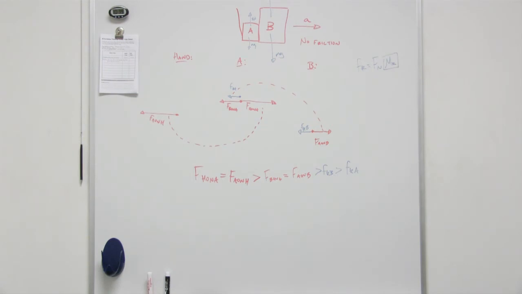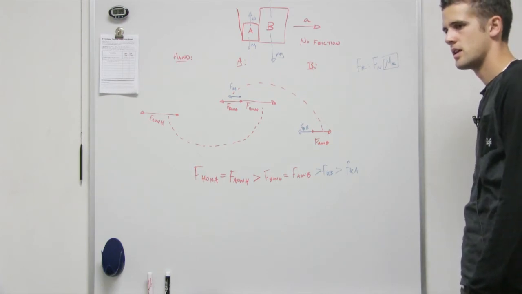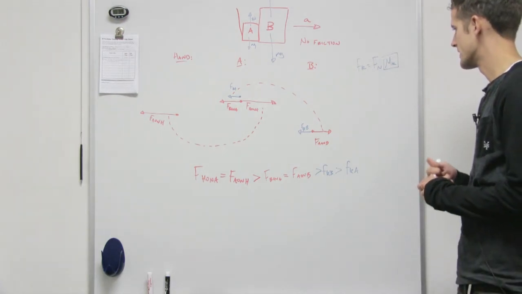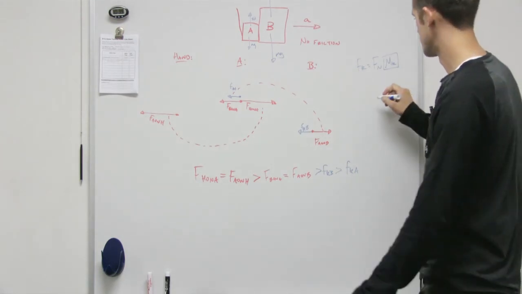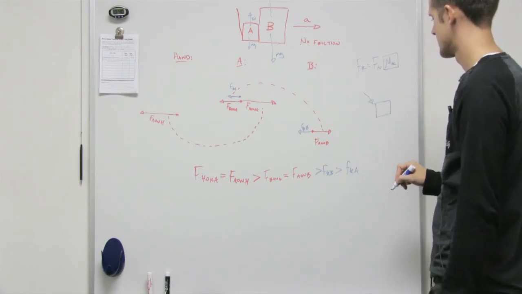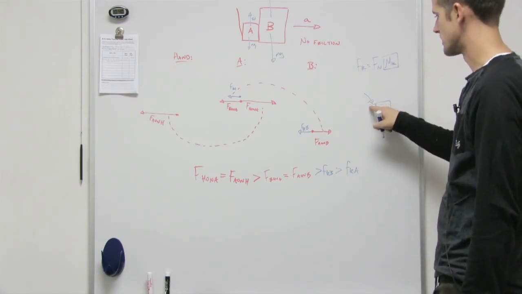Whenever the mass is bigger, the friction is usually bigger, because it has more weight on the ground, as long as the coefficient of friction is the same, and as long as those are the only forces in the x, because if you were pushing on something at an angle, that's gonna contribute to your friction.